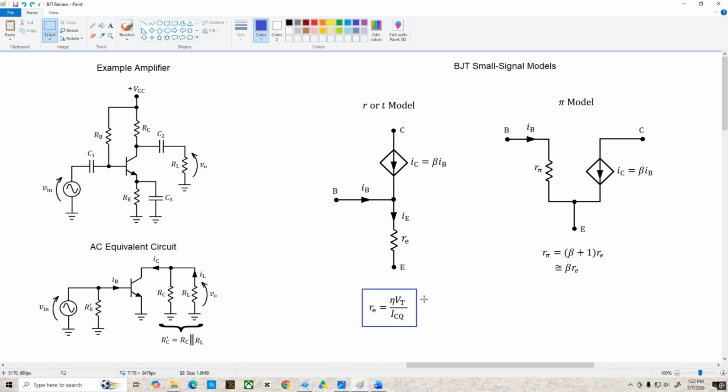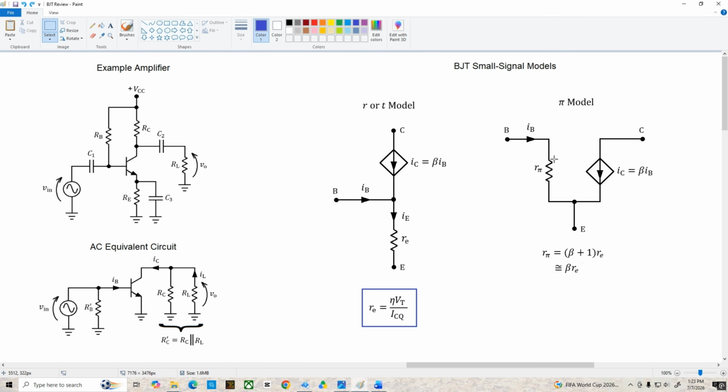Now, the r model can be a little bit deceptive because if you look into the base terminal, it looks like you're going to see an infinite resistance up here into the collector. That's the internal resistance of this source. And it looks like you see little re down this way, but that's not really the case. Because of interaction between these two currents and this dependent source, we actually see little re times (beta plus 1) looking into the base.